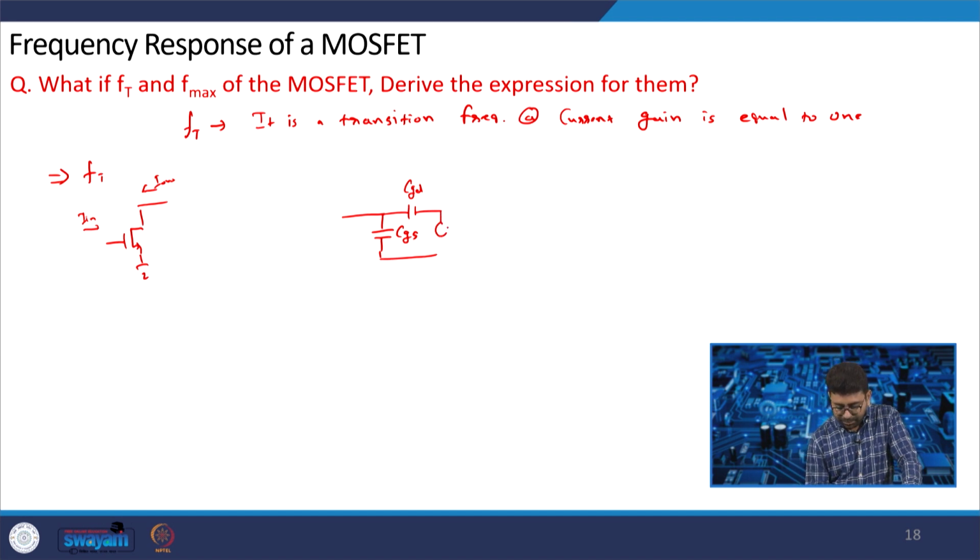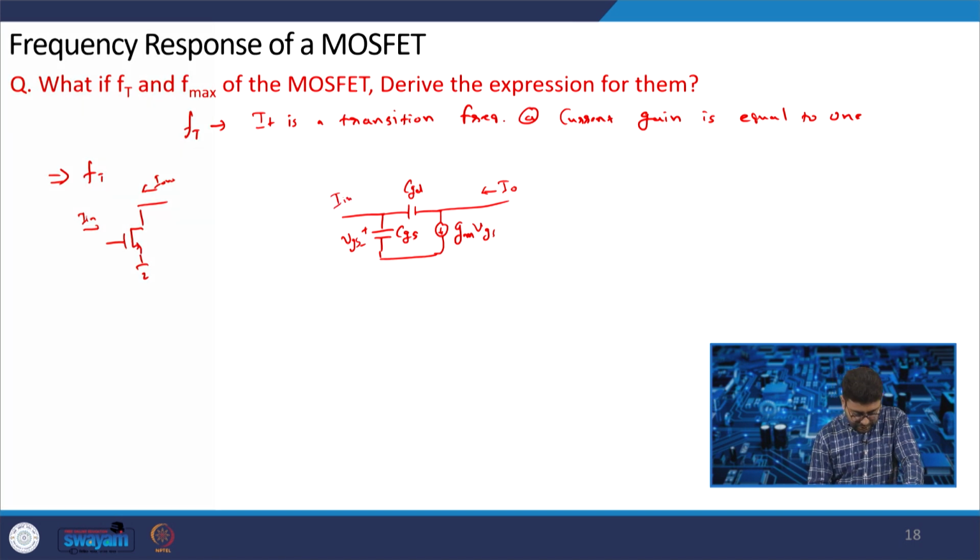So, there is a plus or minus VGS voltage, GM into VGS is the drain current, then this is the output current IO, and this is I in.